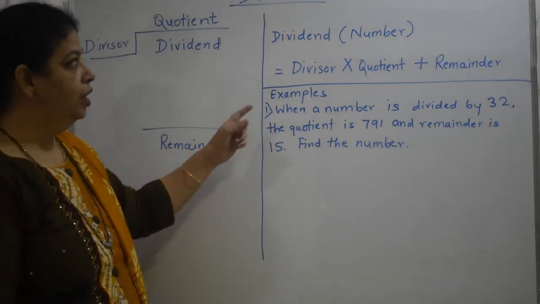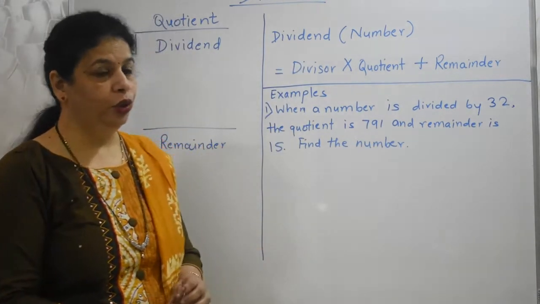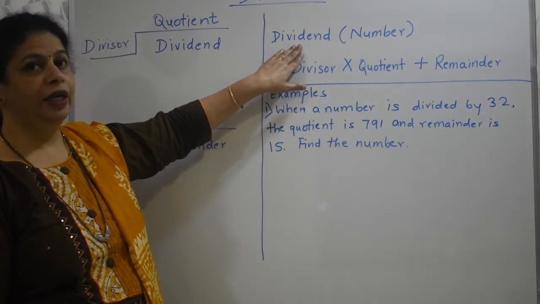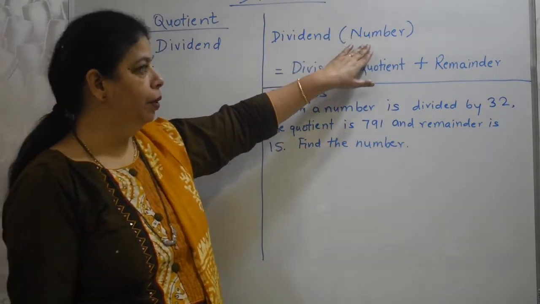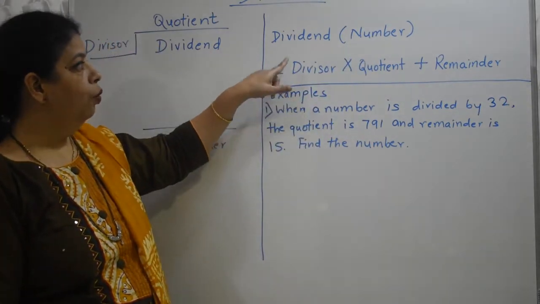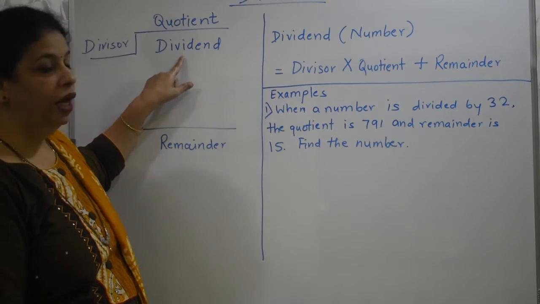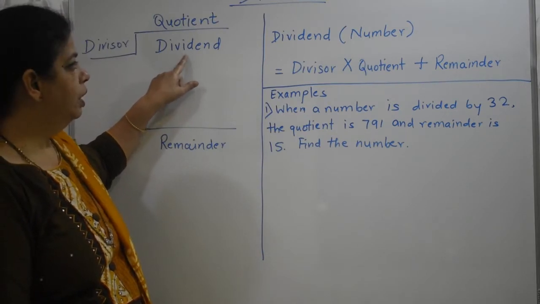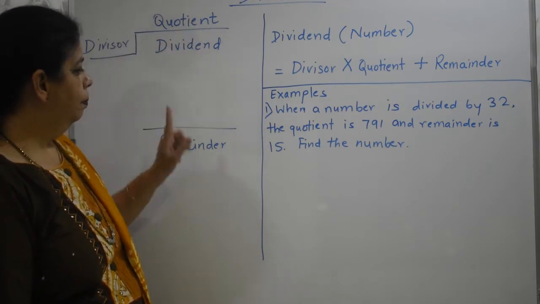So students, this formula is very important. Please note it down. Dividend, it is also called the number. How can we find out the dividend? Divisor into quotient plus remainder.